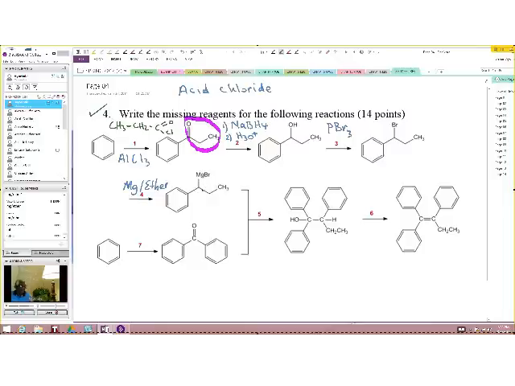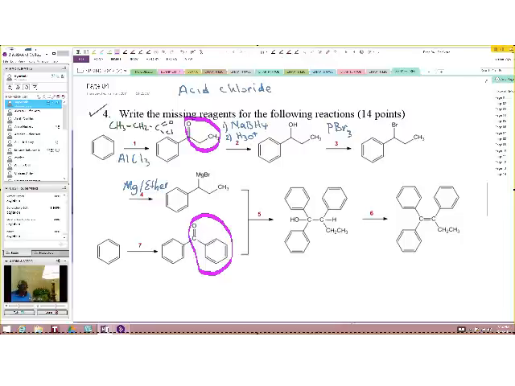Before we react this Grignard reagent with this ketone, they want you to take this benzene and give this ketone. What kind of reaction is this? Acylation. Very good. Keep in mind, since we want to attach this group to the benzene, the acid chloride will be coming from this part of the molecule.